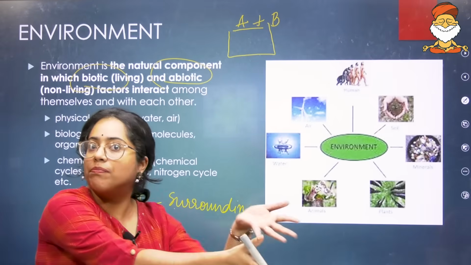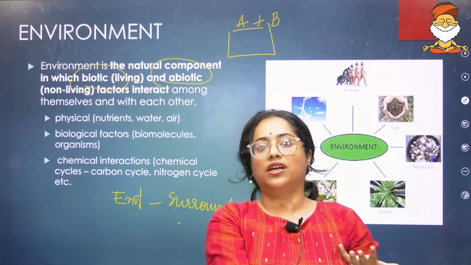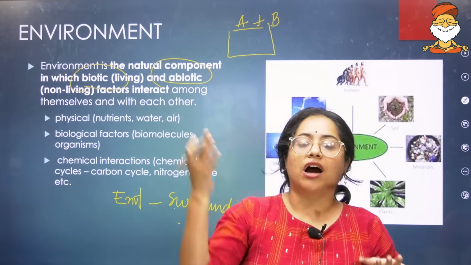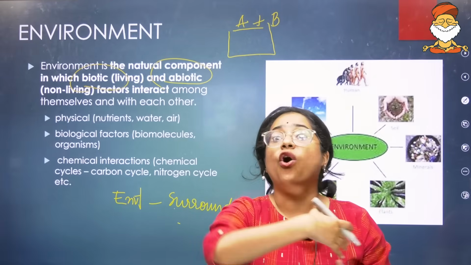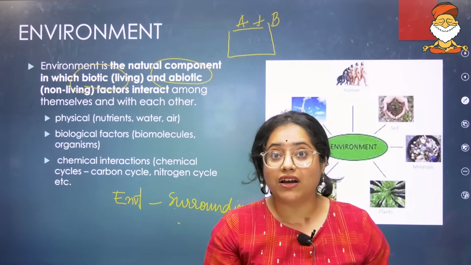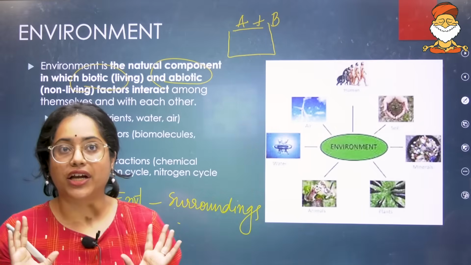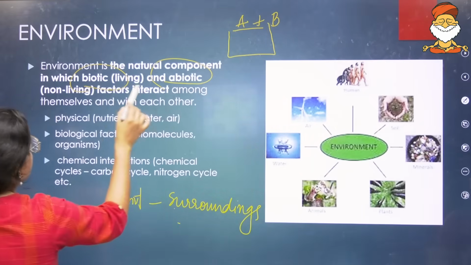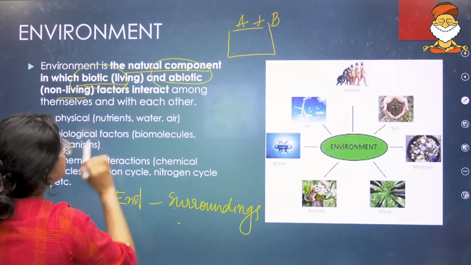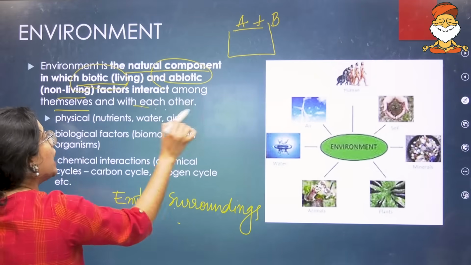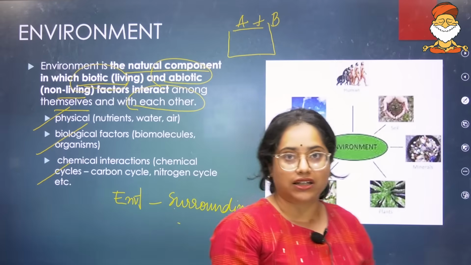For example, you have a plant, maybe you're sitting in your study room, you have a plant over there, the plant is in that surroundings, the plant is taking in carbon dioxide or giving out oxygen, what are they doing, photosynthesis, so all of those things are there, there is an air transfer happening, right? So this is what you can call as an interaction. So here, environment is the natural component in which biotic and abiotic factors interact among themselves and with each other. It has physical, biological and chemical interactions.